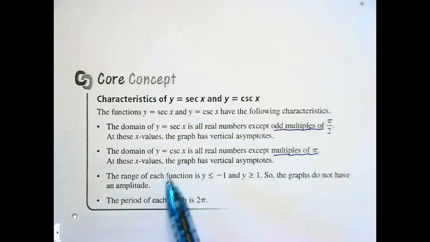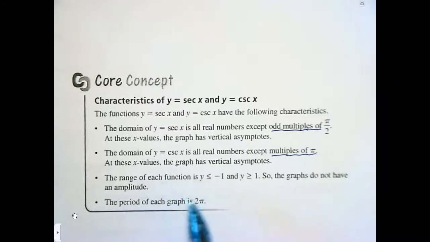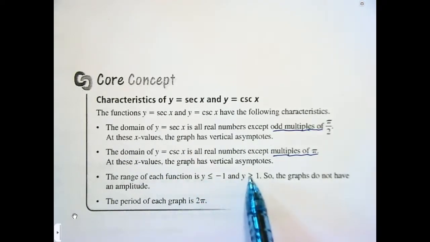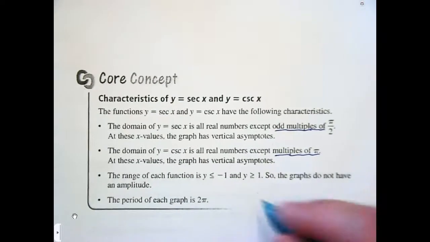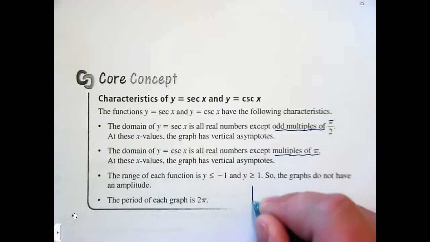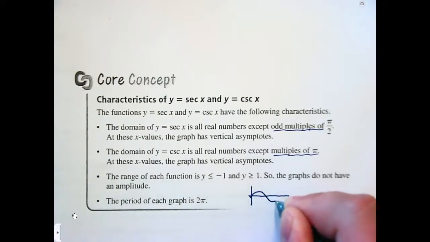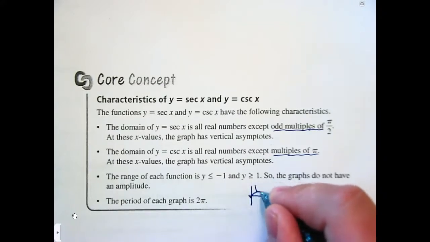And also note that the range here is y less than or equal to -1 and y greater than or equal to 1, where your sine curve or your cosine curve would exist. So if we did a quick sketch, just maybe of our cosecant.